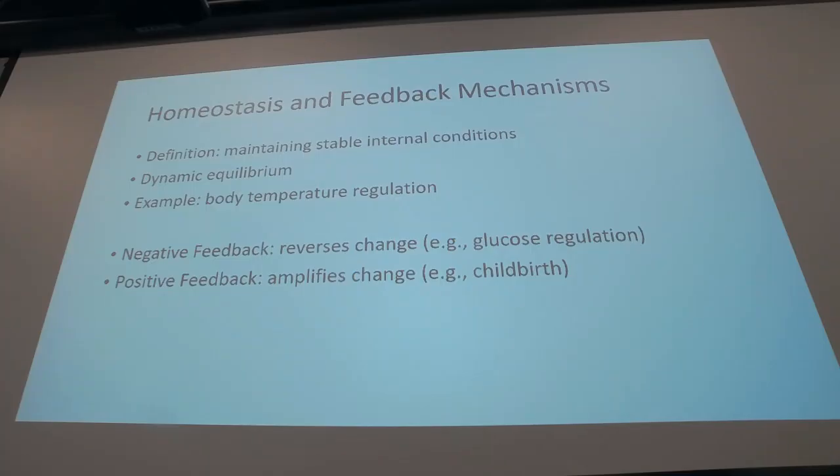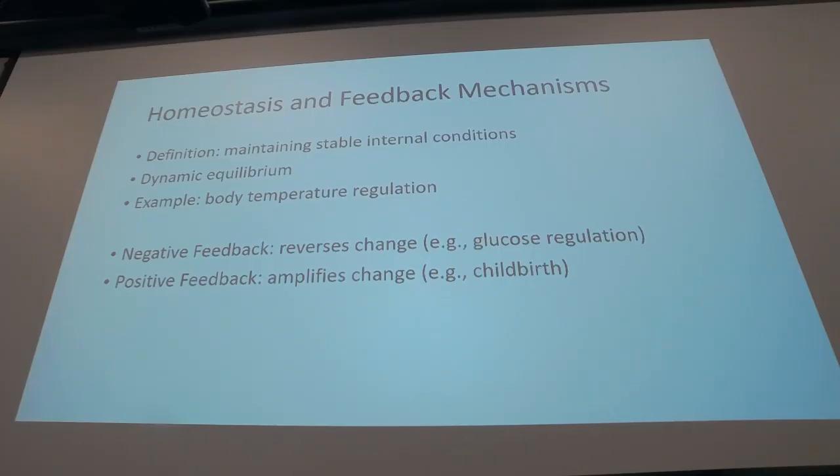And then in order to maintain this dynamic equilibrium, we have 2 mechanisms: negative feedback and positive feedback. Most of these functions in our body are regulated by negative feedback.